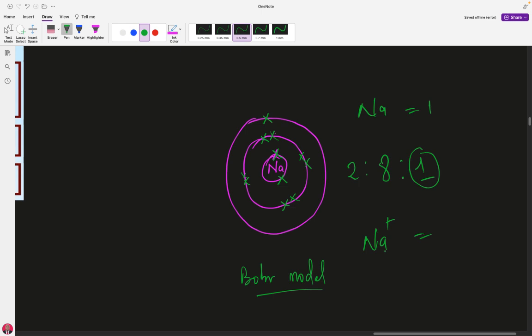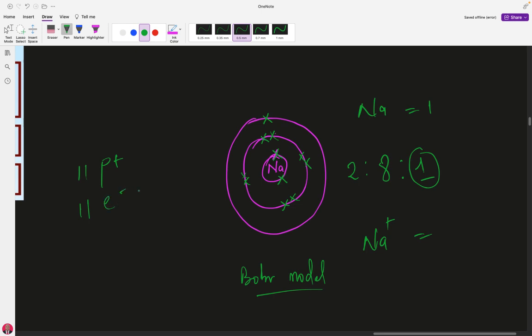Because in the nucleus of sodium atom, we have 11 protons, which are positively charged, and we have 11 electrons, which are negatively charged.